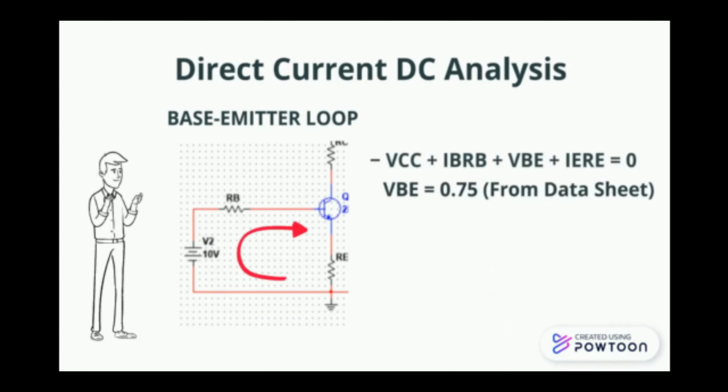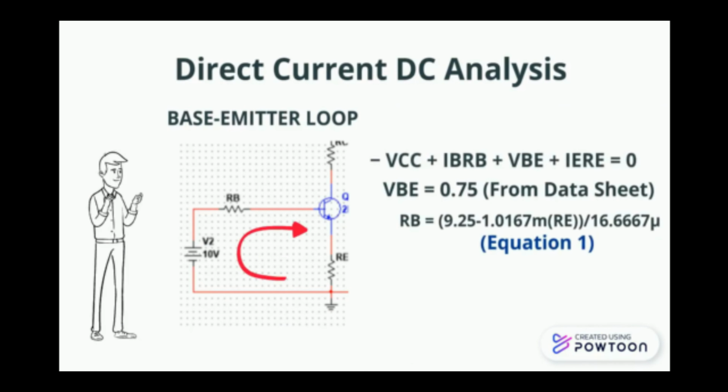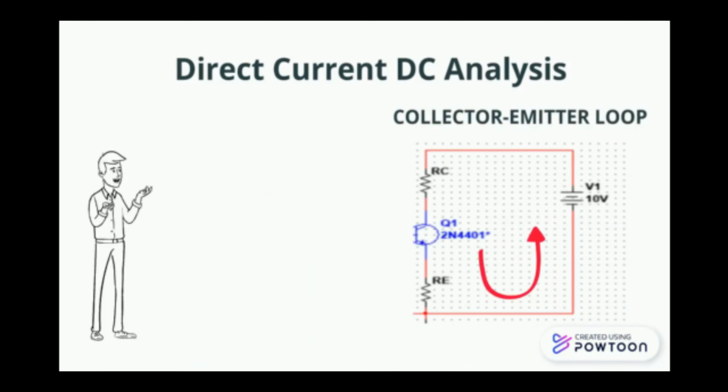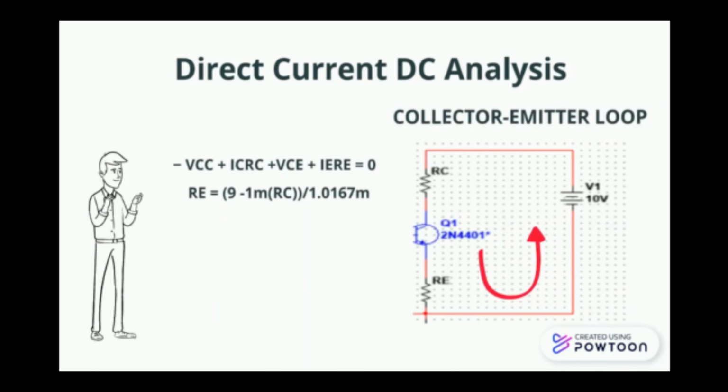So, we use a mathematical equation to find one of these resistors. So, I find RB first. Same for the collector emitter loop, if we follow the arrow as in the picture, we can get equation 2.